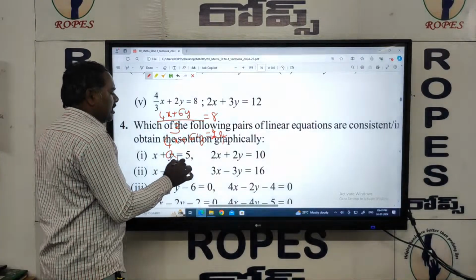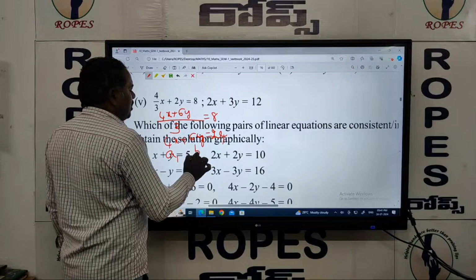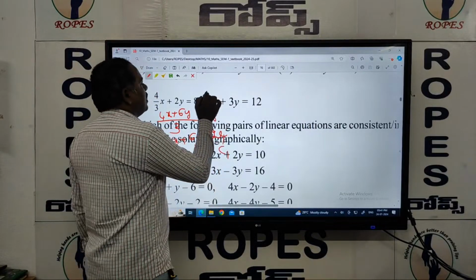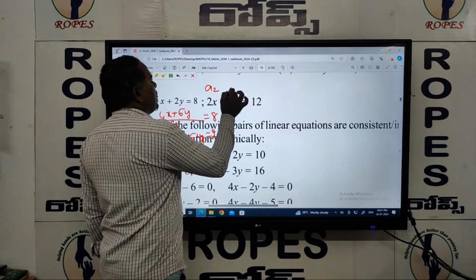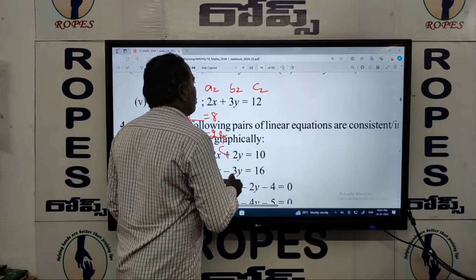Now A1 is 4, B1 is 6 and C1 is 24 and A2 is 2, B2 is 3 and C2 is 12. Now we'll compare this.